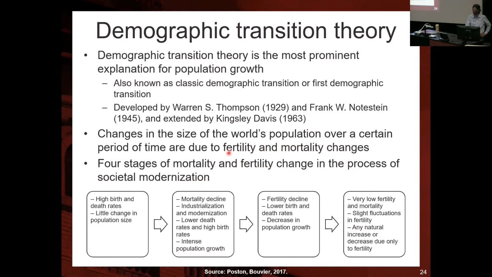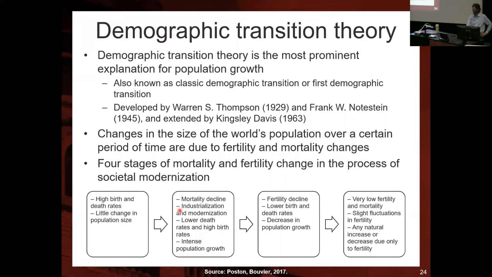The trends in fertility and mortality change over time, as we saw before in those diagrams and graphs, passing from high levels of birth and death rates, and exactly because we have a lot of people dying, but also a lot of people being born, the population doesn't change as much in size.